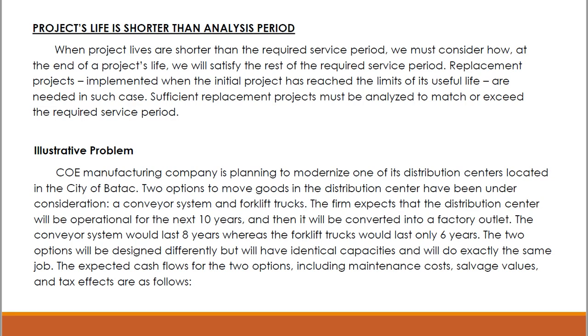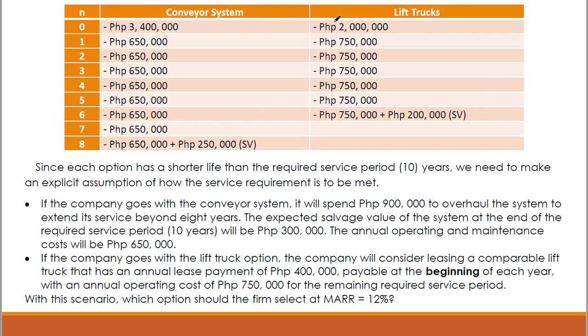Okay. The expected cash flows for the two options, including maintenance costs, salvage values, and tax effects, are as follows. So, this is the tabulation of our cash flow for the conveyor system and the lift trucks.